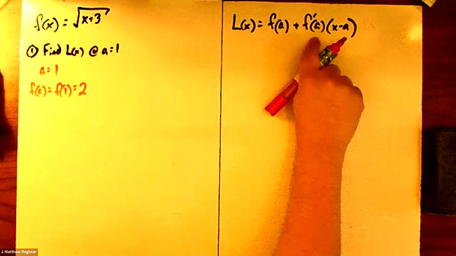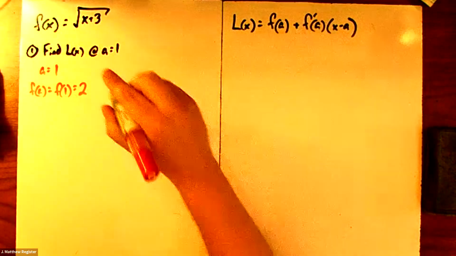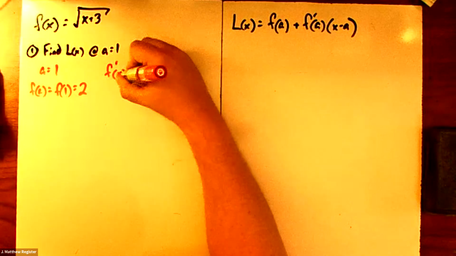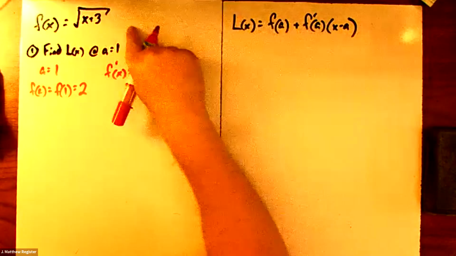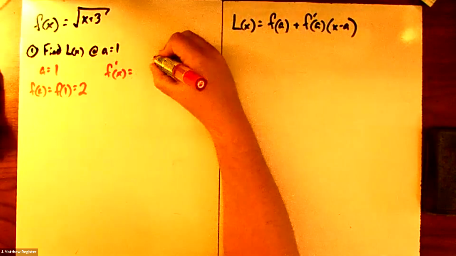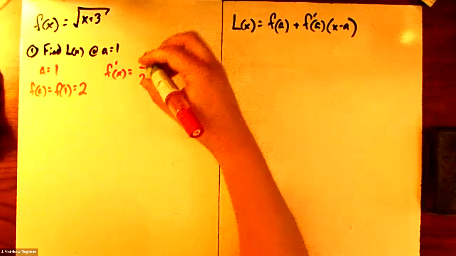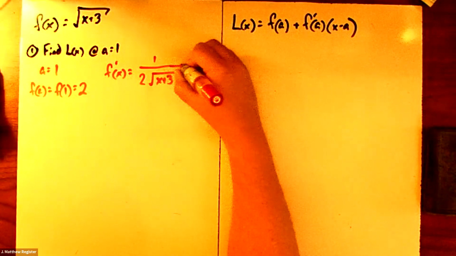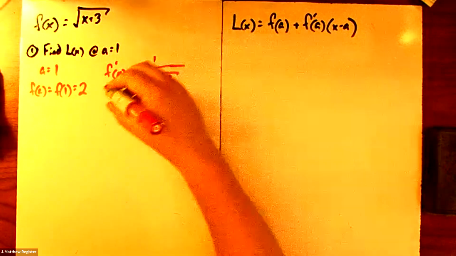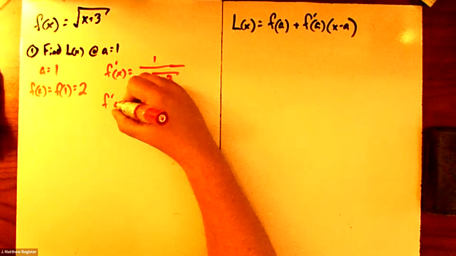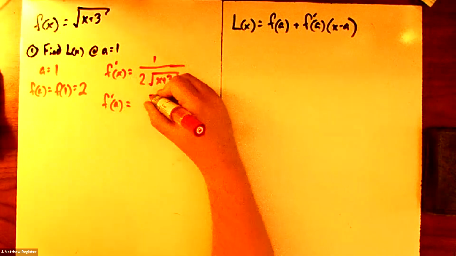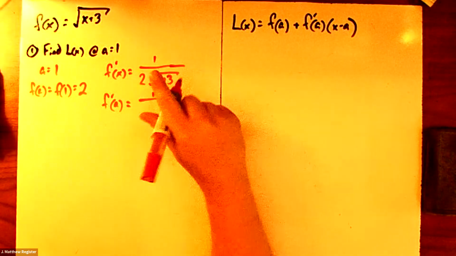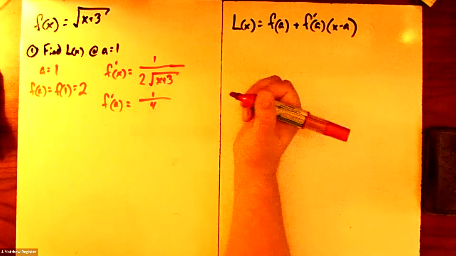And then we're going to need f prime of a. That's a little bit more work because we need to first find f prime of x, which, this is a square root function, so it should be 1 over 2 square root of x plus 3. But then we need f prime of a, which would be 1 over 2 times 2, which is 1/4.